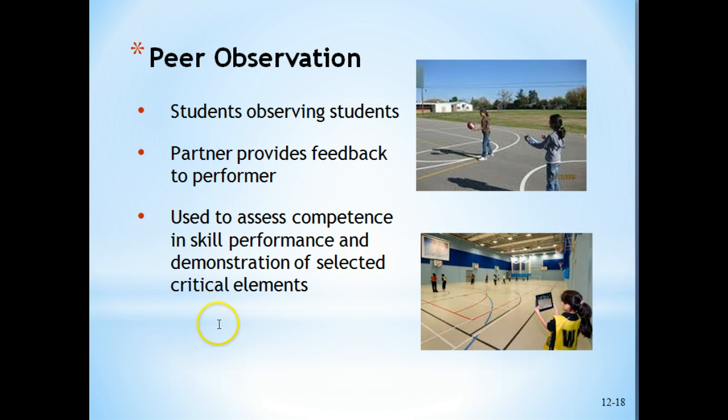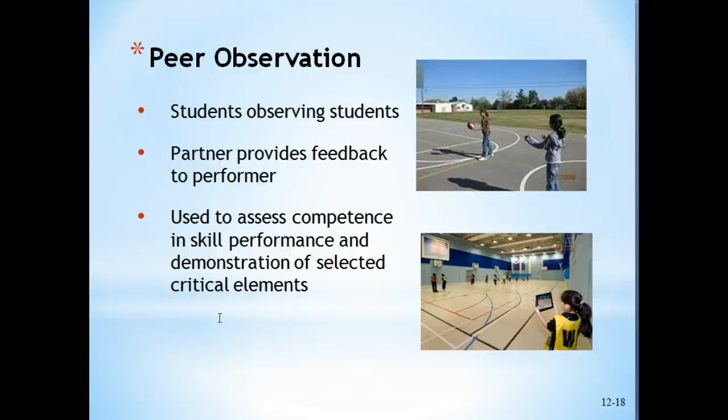It's used to assess competence and skill performance and demonstration of selected critical elements. Again, for this type of assessment, no grading for peer assessments is probably a good idea. They're using this as a formative assessment. Even though it's formal, we do want them to get that feedback from their partner.